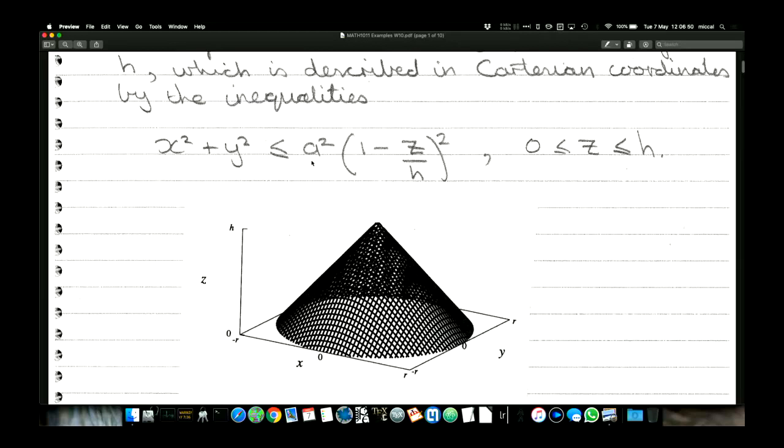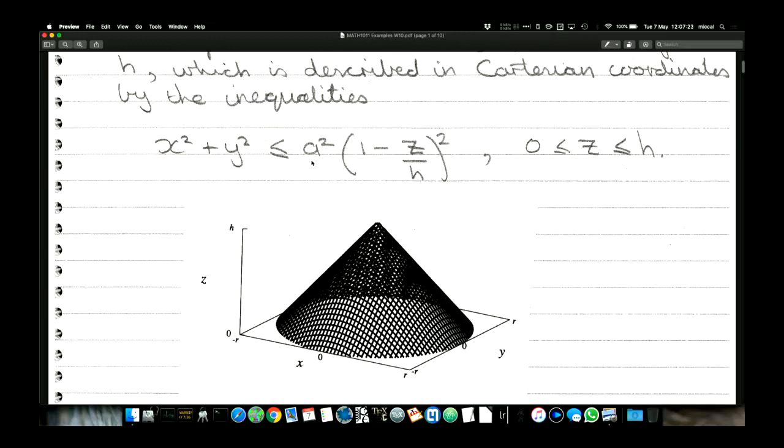If you take a slice at a particular height, so take a level curve, for example at the bottom, the slice z equals 0, that should be a circle of radius a. And when you plug in z equals 0, you get x squared plus y squared equals a squared. As you slice further up, the circles just get smaller and smaller until you're up the top, where if you sliced right at the top, you get a point, basically a circle of radius 0. So when z equals h, you get x squared plus y squared equals 0, and then all the circles in between.